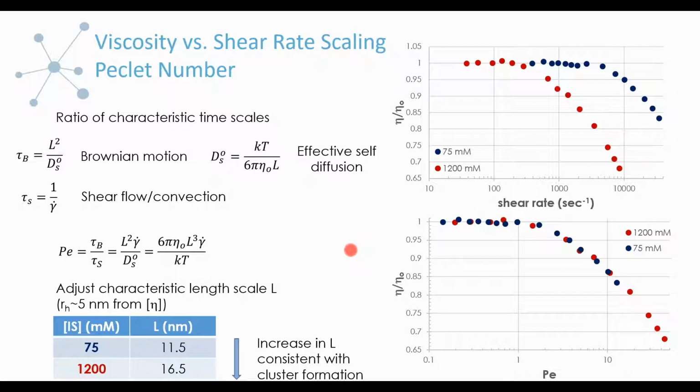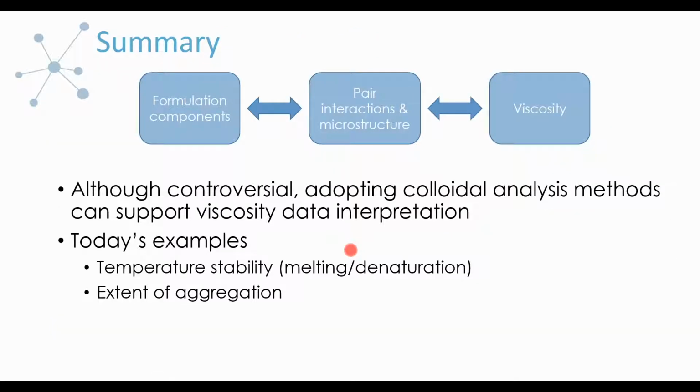So just to summarize, I wanted to introduce the idea, with some examples, of trying to relate viscosity to how the components are interacting and how the microstructure is coming about, and then relating this to the formulation components, so you can go full circle and learn how to control and manipulate your rheology behavior.